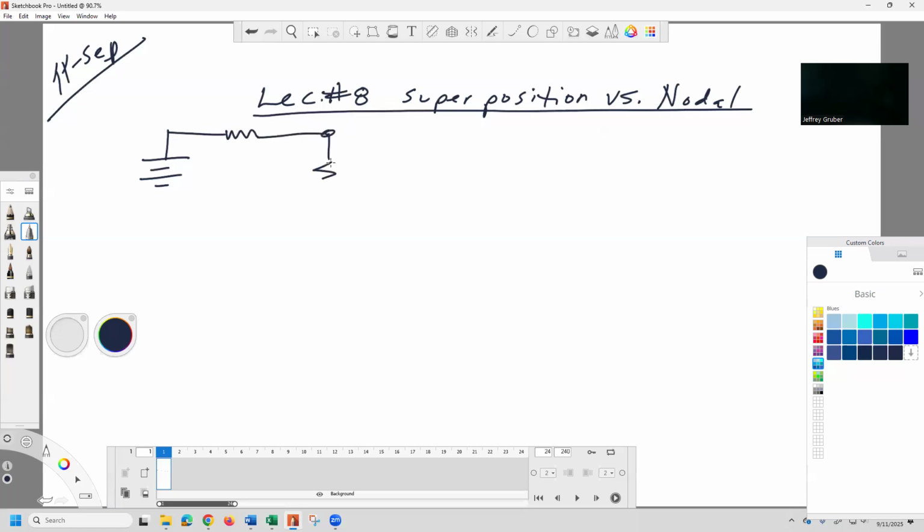Like I said, this circuit is in homework 4 and 3 and 4.